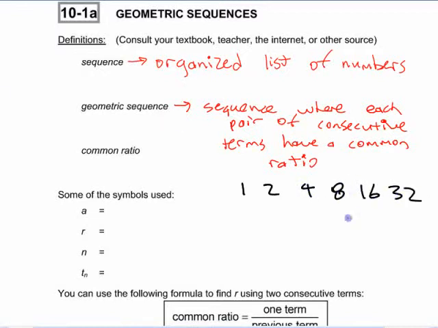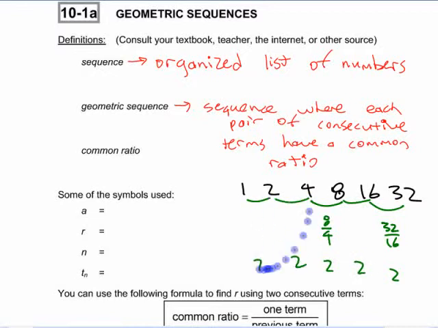Any pair of terms, these two terms here, 8 divided by 4, what does that give me? 2, right? This pair of terms, 32 divided by 16 is 2, right? The common difference here is, or not difference, the common ratio is 2 every time. Every pair of terms, you divide any two terms, you get 2.